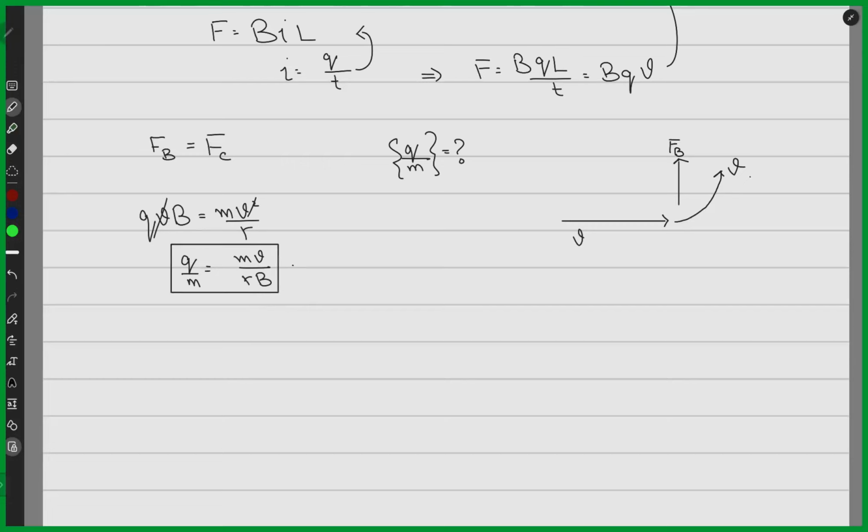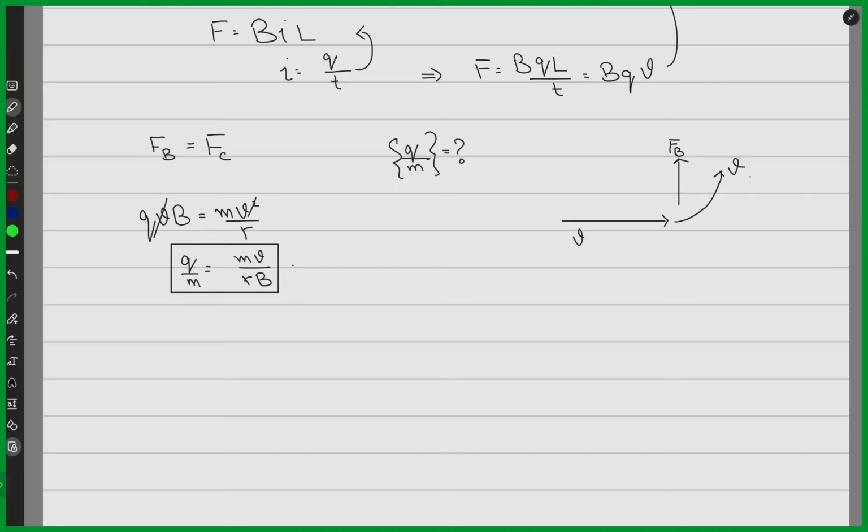The only problem is it is not always easy to measure the velocities of these particles directly. So we can rearrange and get rid of this velocity. Theoretically this is all well and good, but if I'm performing an experiment, I cannot really measure this velocity accurately.